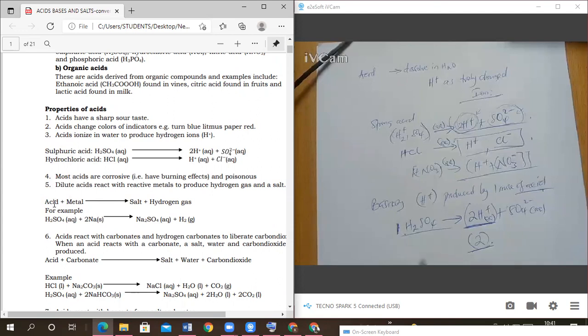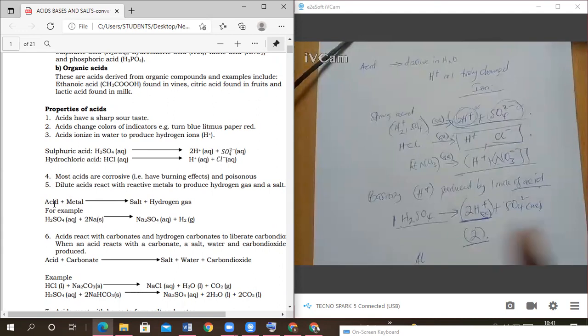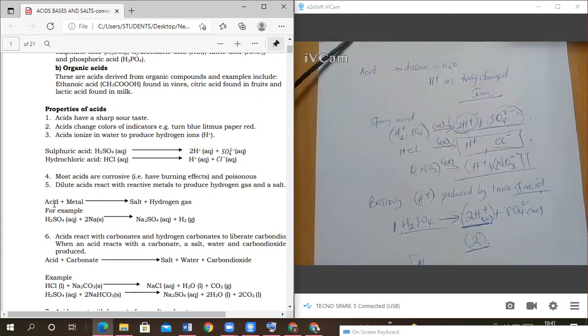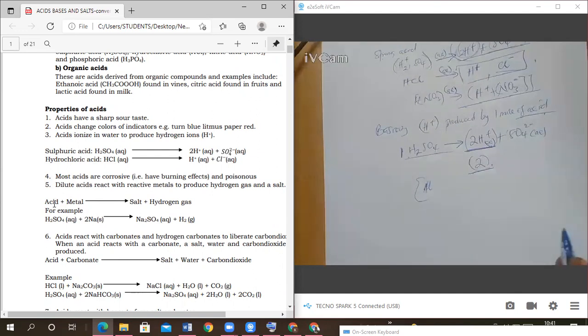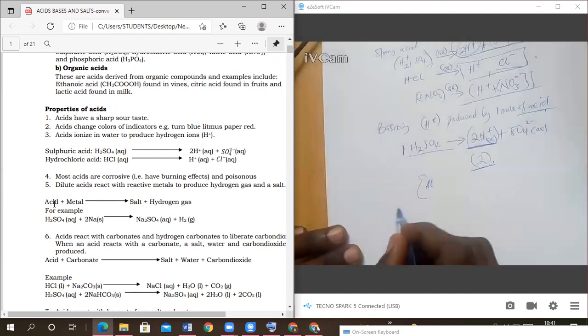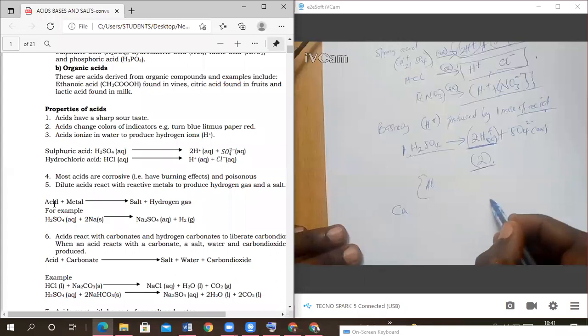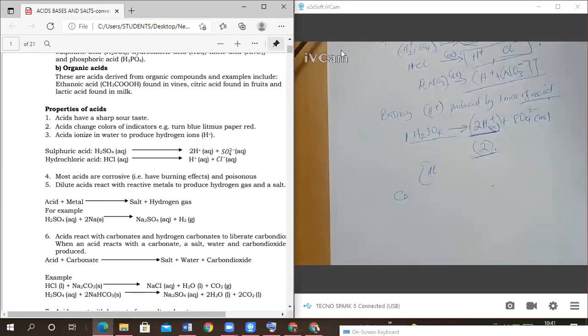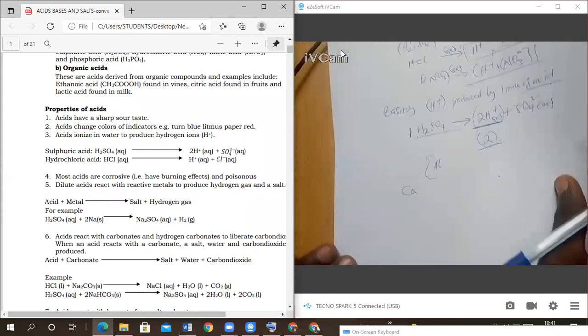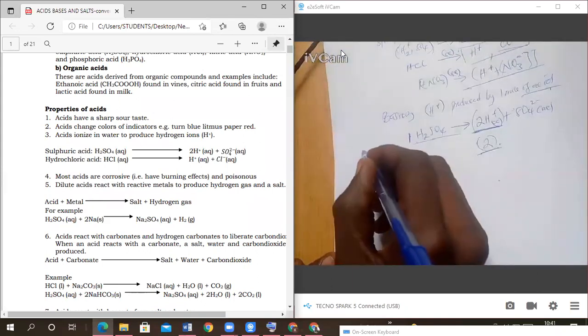So we looked at aluminium. Which other metal? Potassium? No. Okay. It is between calcium and those metals. Look at your reactivity series. How do you write a reactivity series?